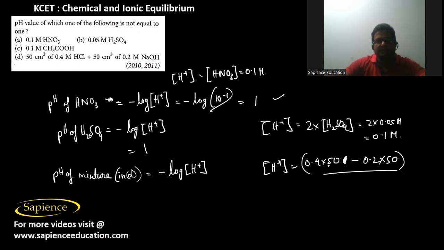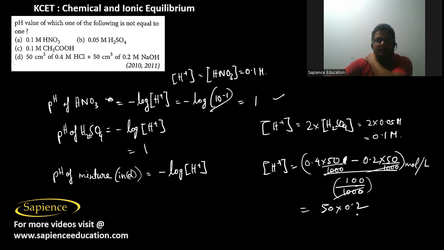So 50 by 1000, since 50 ml means 50 centimeter cube, so by 100 centimeter cube by 1000 ml, so this much mole per liter. So the 1000 I can cancel out, so this will be 50 into 0.2 divided by 100, so this is also 0.1 molar. So here also it will come 1.